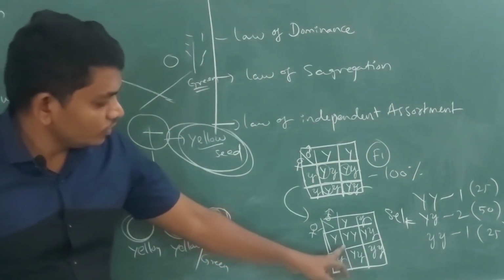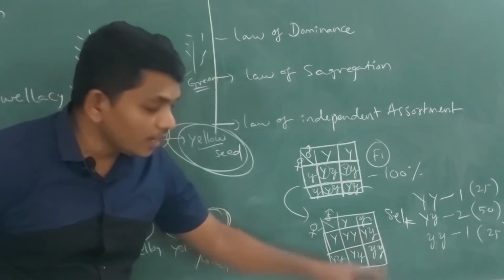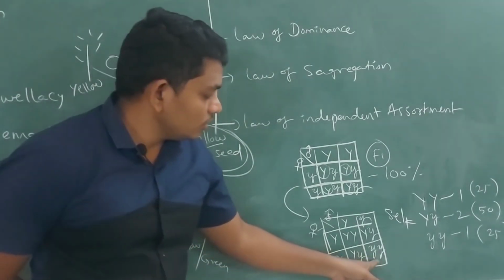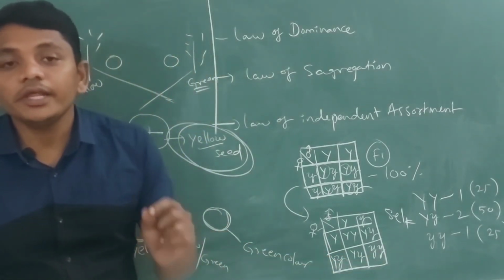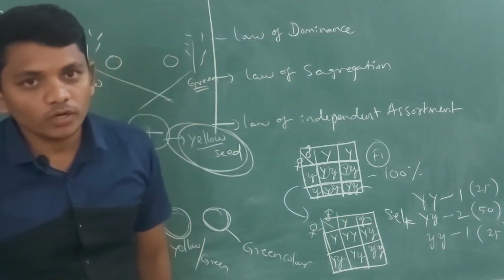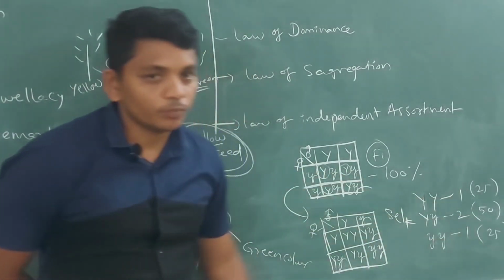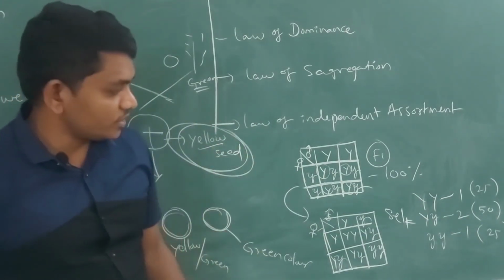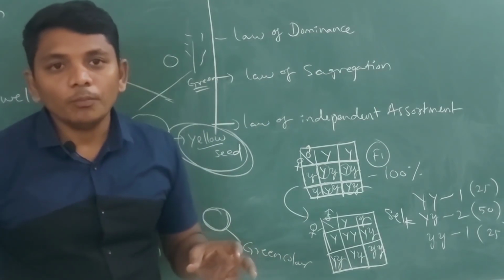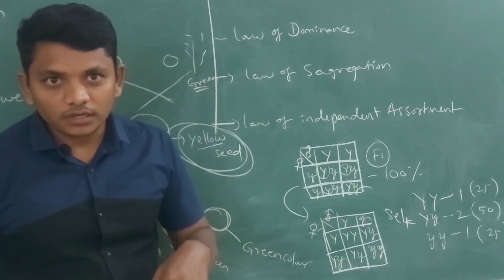So here capital YY and the two capital Y small y, these three look yellow, whereas the small yy looks green only. So pure green is only 25% and pure yellow is only 25%, whereas the 50% looks like yellow but itself has a green color within it.